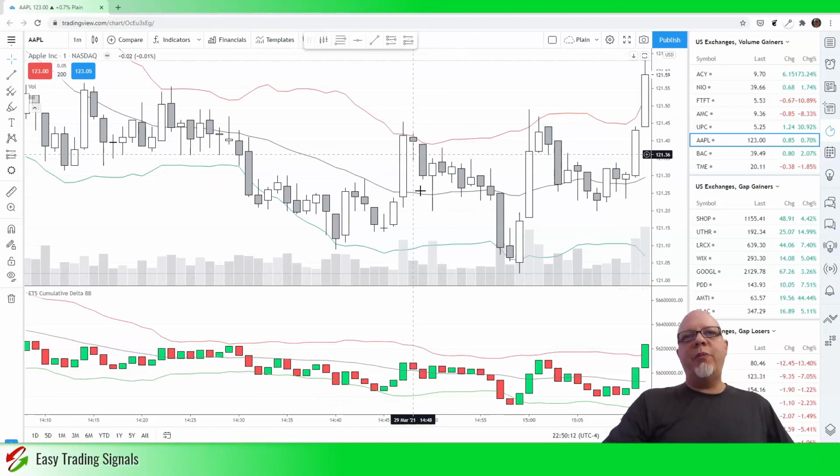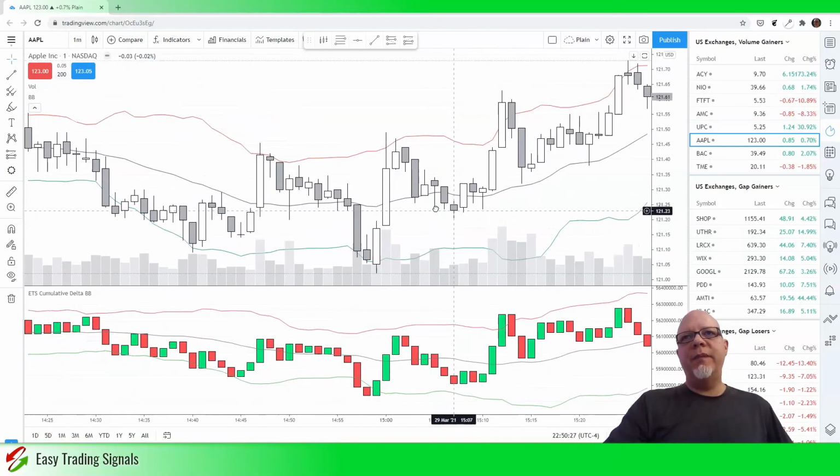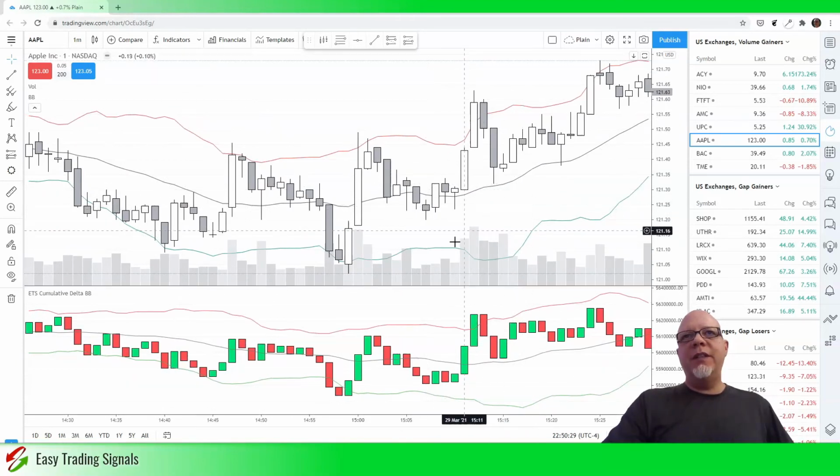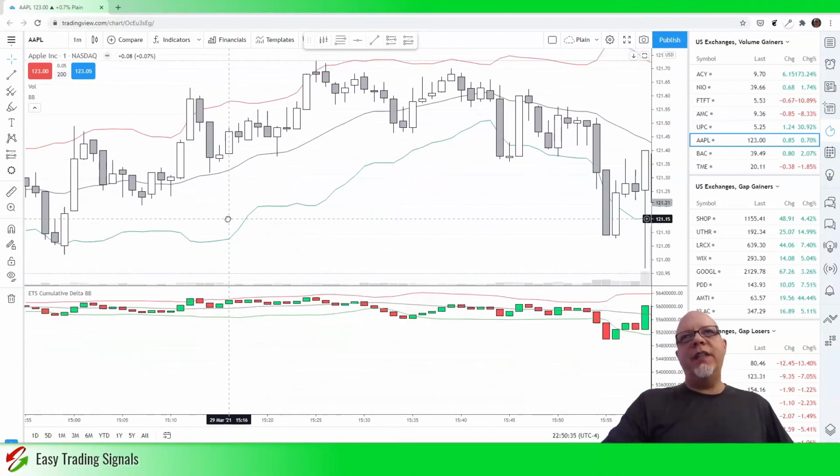So we know that price, even though there was a big move, is actually weak. It's a weak move that's not really supported by the volume. And here we have the same thing. It didn't even touch. It's very interesting and very useful and gives you information about the market that you wouldn't have seen otherwise.